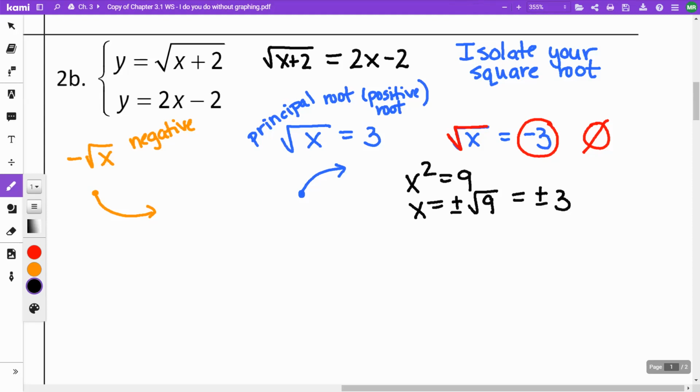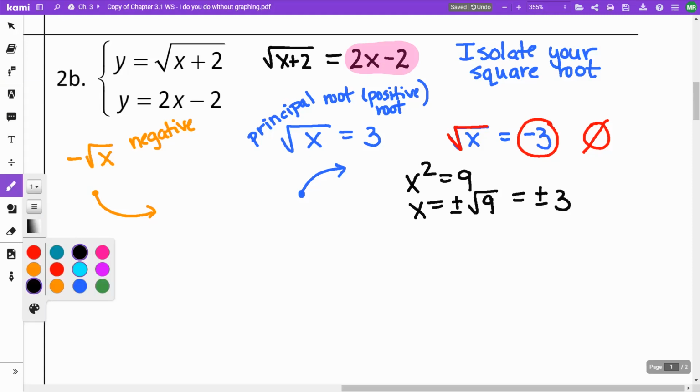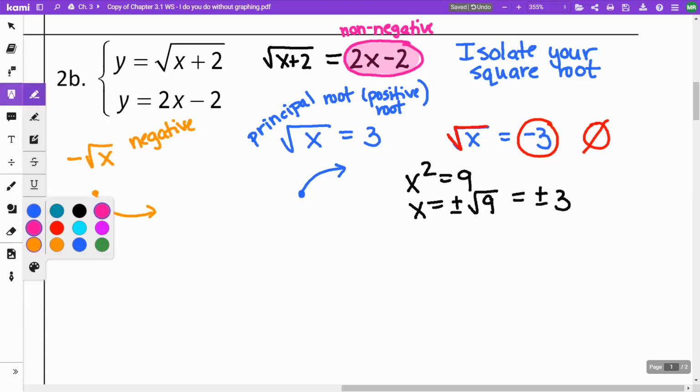So where am I going to check my answer? I'm going to check my answer right here. Okay. There's really kind of two things I need to worry about with this problem. Okay. One thing I need to worry about is I cannot have this be a negative. This has to be a non-negative. It could be 0. That's acceptable. What about underneath the square root?